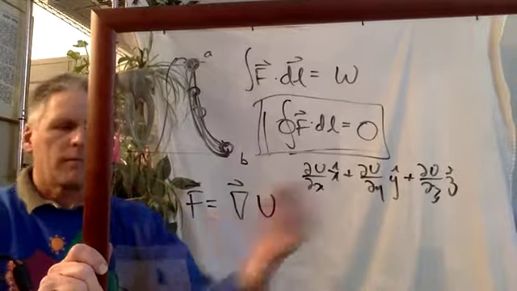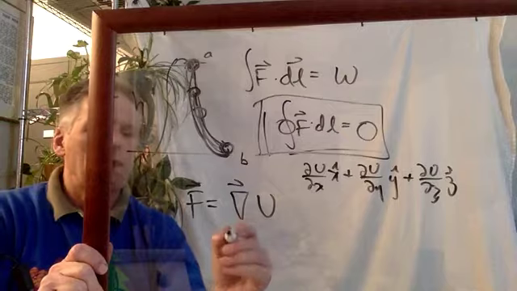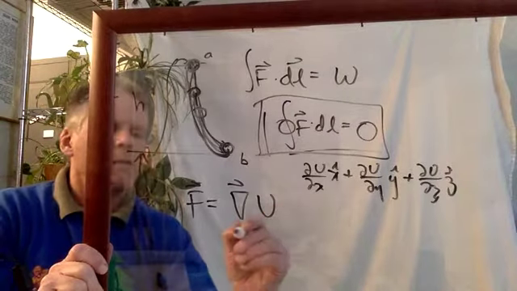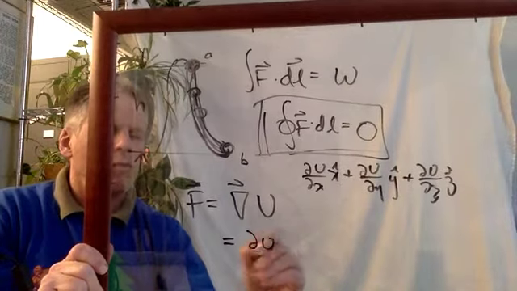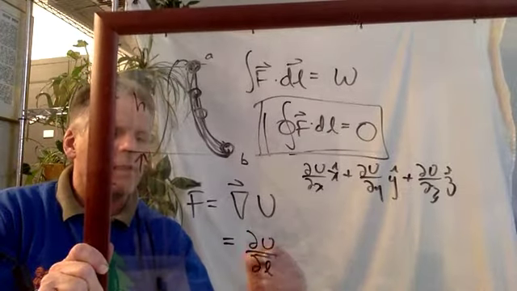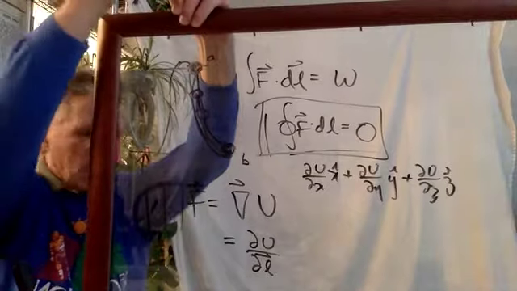Okay, it's not critical that you know that. As a matter of fact, we're going to use shorthand right now, and we're going to say that this is equal to du dl, which is just another way of writing that same concept there.